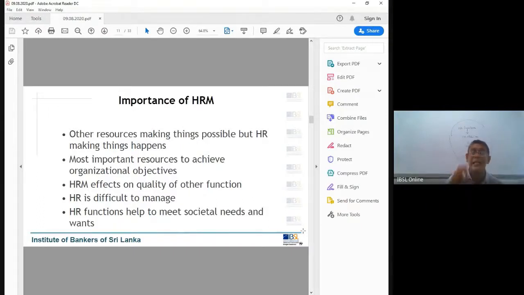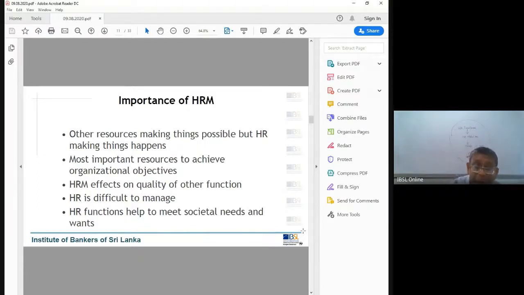That is the only living thing that manages other resources, and it is the most important resource to achieve organizational objectives. The most important resource. This is the resource that manages the other resources. And HRM, human resource management, affects the quality of the other functions.